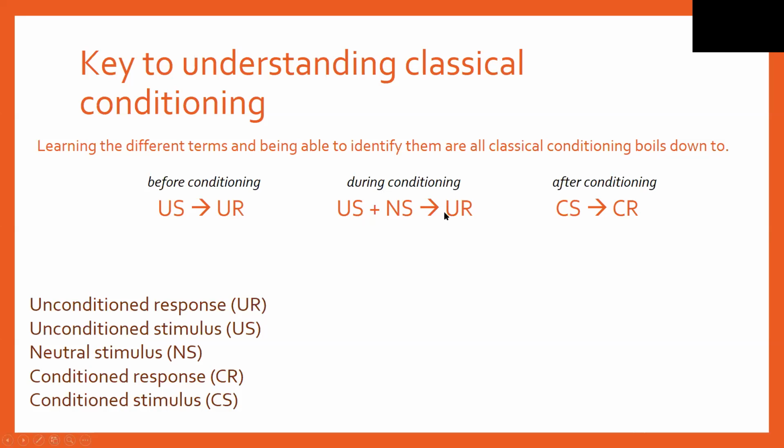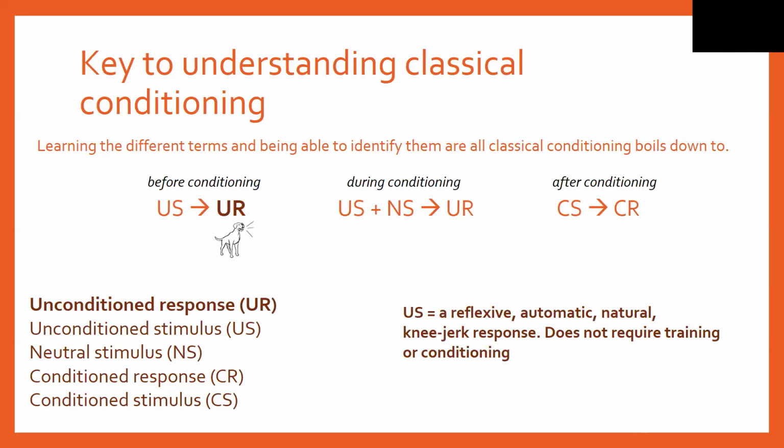The easiest place to start when trying to identify these terms in an example, and we're going to start with the dog barking at the doorbell example since we've already discussed that a bit, is to first identify the response. We're looking for the behavior that's being caused in all of these examples.